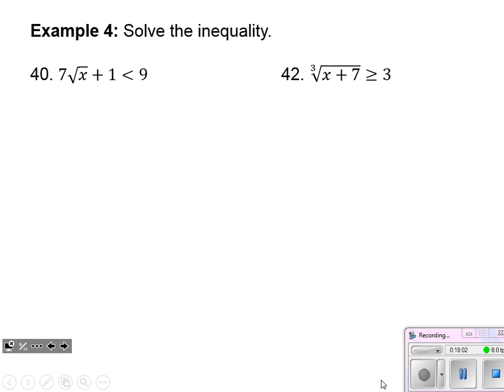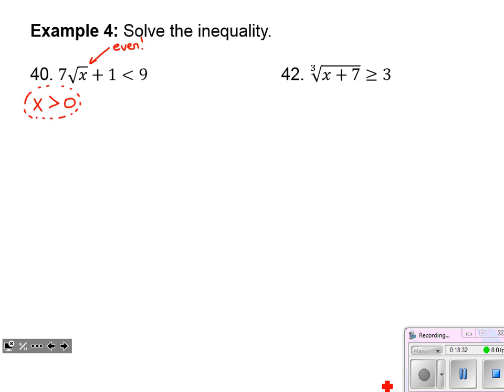So for number 40, right away, I notice it's an even index radical. It's a square root. That means negatives aren't allowed underneath. So I'm going to set up a little mini inequality there that says whatever's under the radical, since it was an even index, that has to be greater than or equal to 0. And that's something I want to keep in mind throughout the problem. We're going to identify that early.